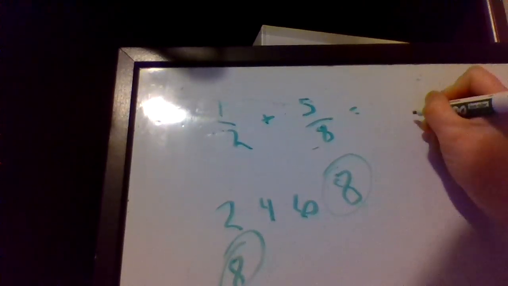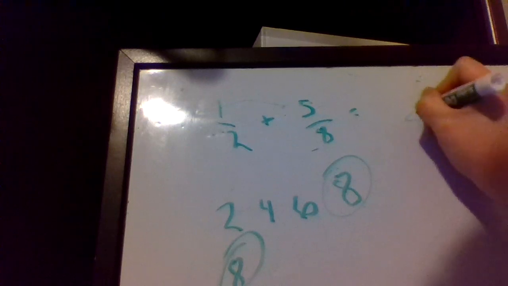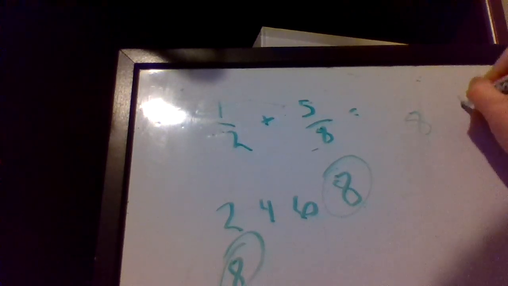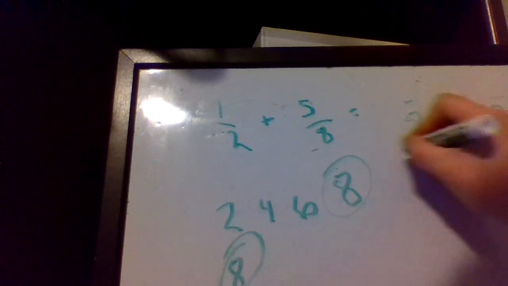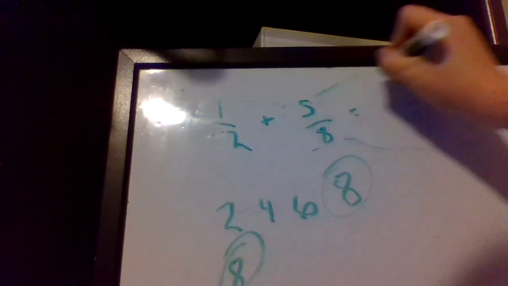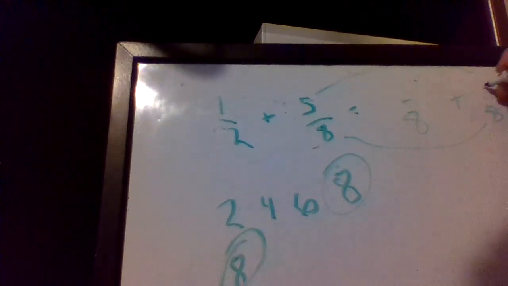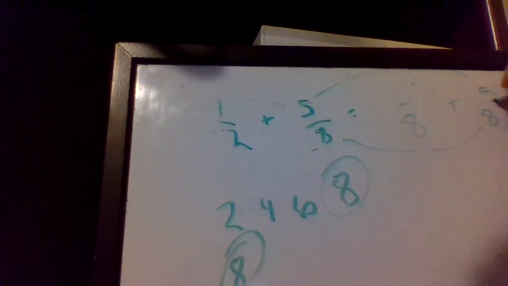So we're going to come over here and we're going to put 8 on the bottom of both of these fractions. Now over here we already had 8s, and we have 5/8. So we're just going to bring 5 over.